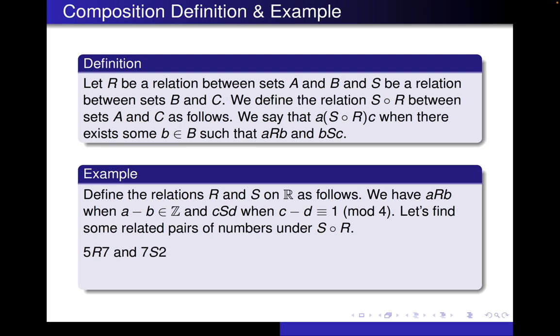And it turns out 2 is the perfect number, because 7 minus 2 is equal to 5, and 5 is congruent to 1 mod 4. So we have 5R7, we have 7S2, and when we combine those, that means that 5 is related to 2 under the relation S circle R.